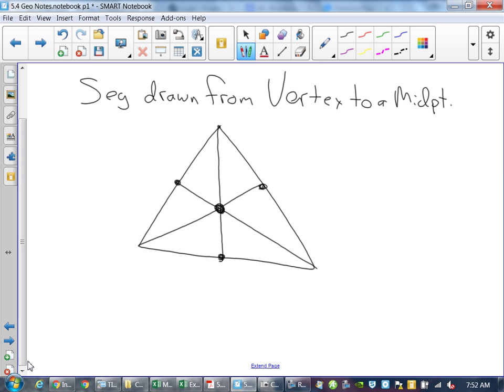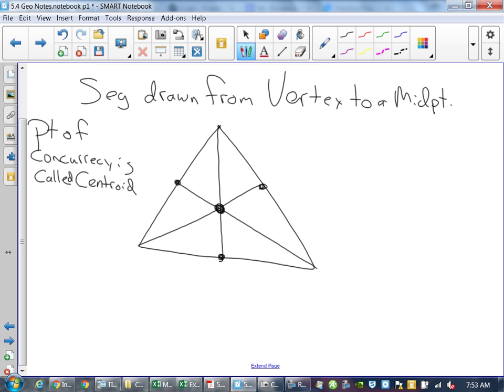Orthocenter is the altitudes. The point of concurrency is called a centroid. So medians have something called a centroid. Sounds like a plant.